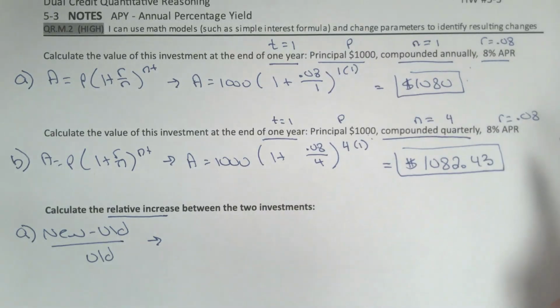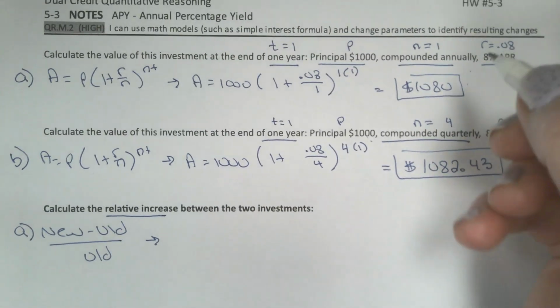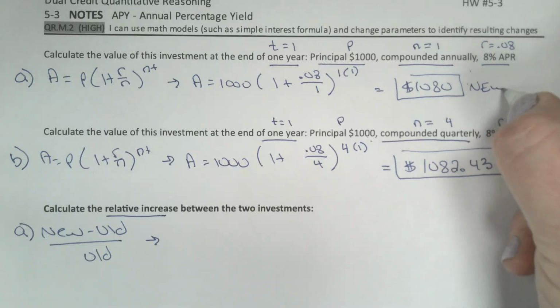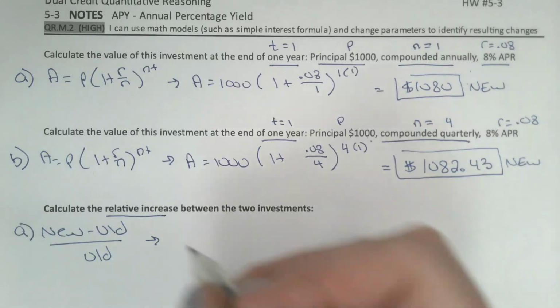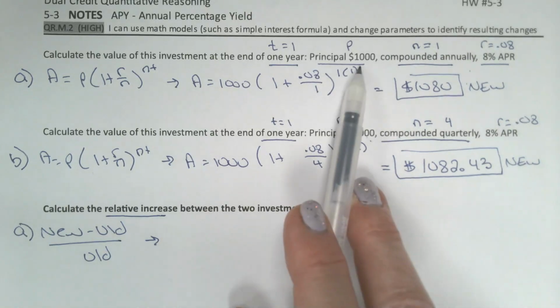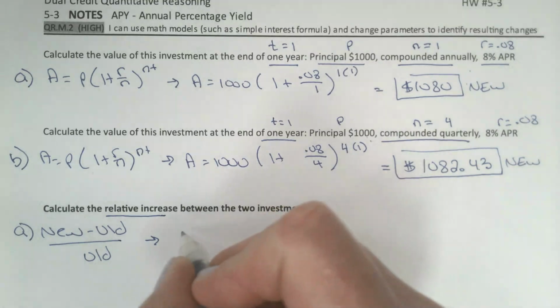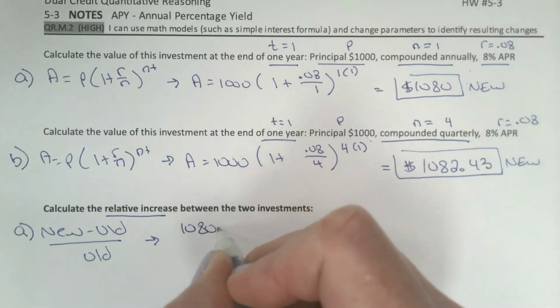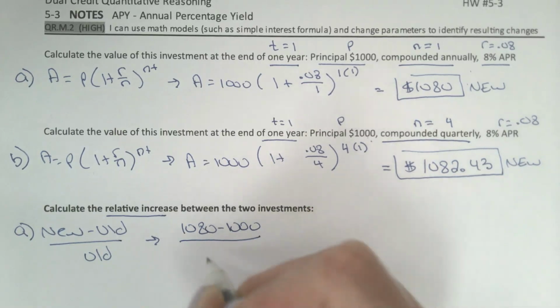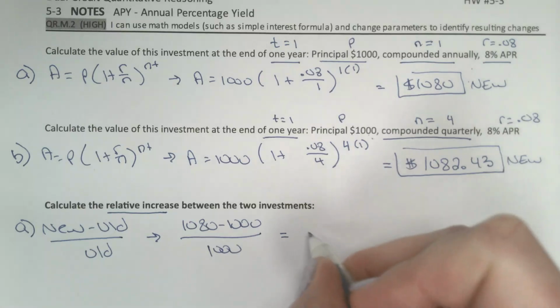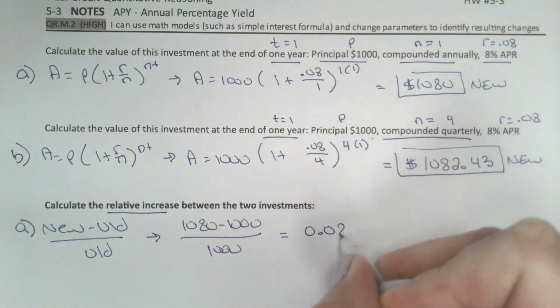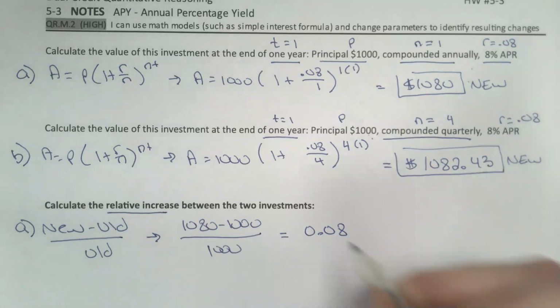So these are going to be the new amounts. That one's going to be the new amount. And the old amount is the $1,000 initial principal that we put in. So in A, I have 1,080 minus 1,000 divided by 1,000. When I put that in my calculator, I got 0.08.